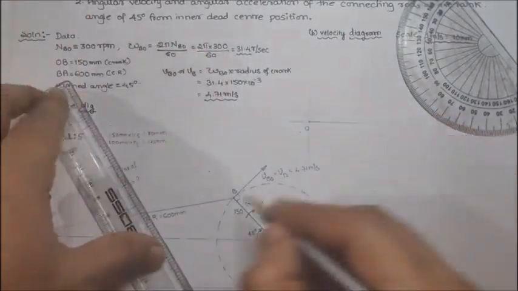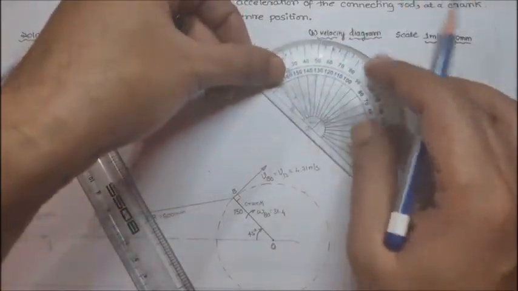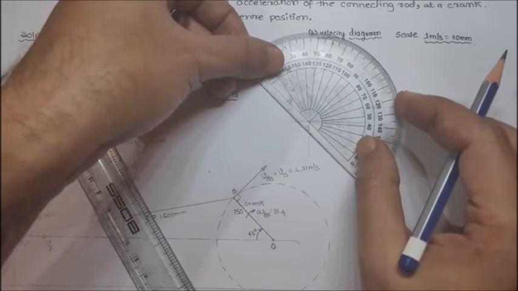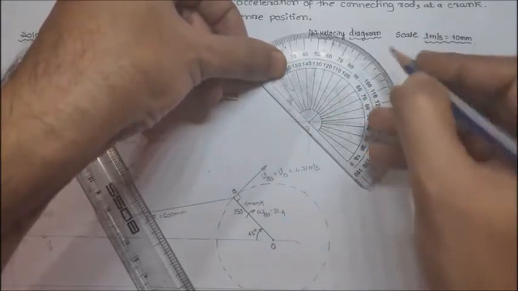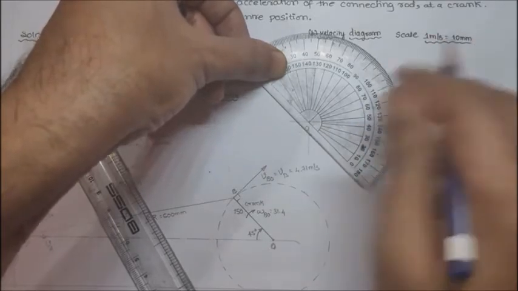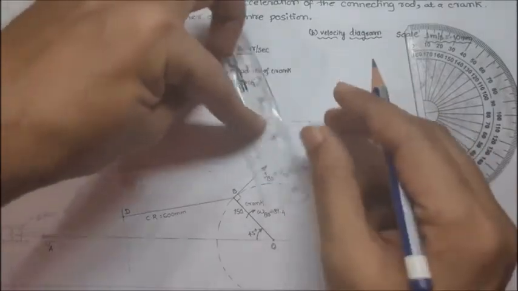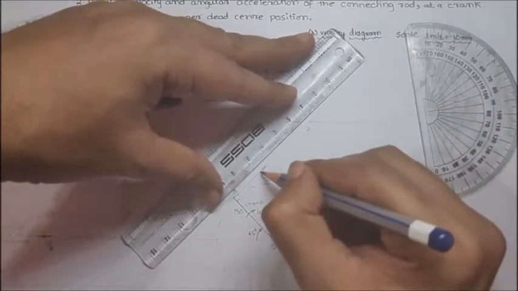Okay, and from there it is 90 degrees. So we'll keep a protractor at point O, coinciding with our guideline. This will be 90. So we'll draw a line parallel to this one.